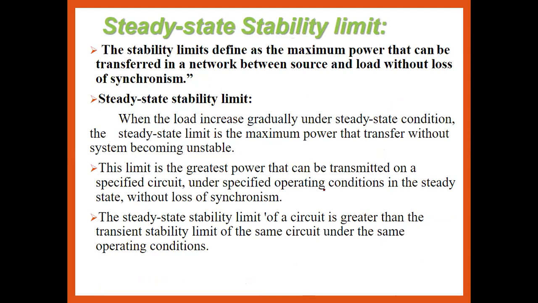The generating station is the sending end, and the receiving end station is the infinite bus. The line has resistance R plus jX, the line resistance and reactance. We have the sending end voltage Vs and sending end current, and the receiving end voltage Vr and receiving end current, having the angle 0, with the sending end at angle delta.